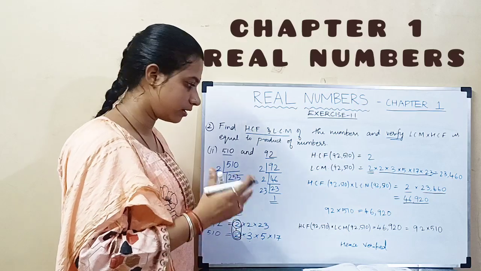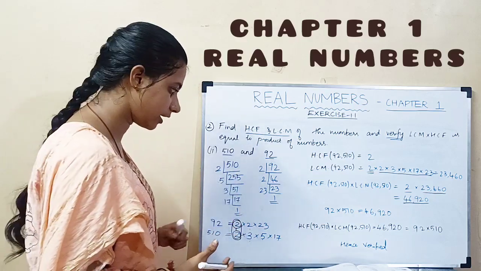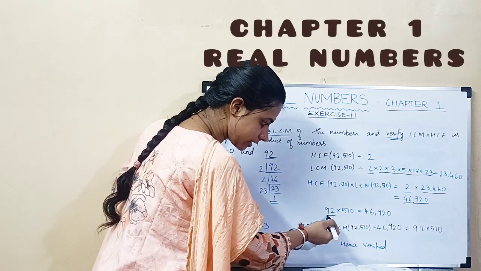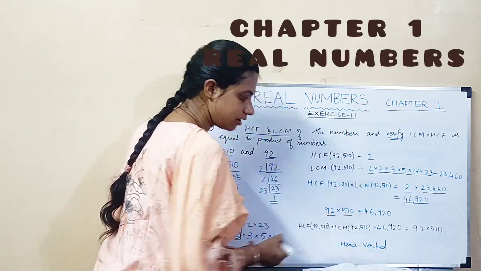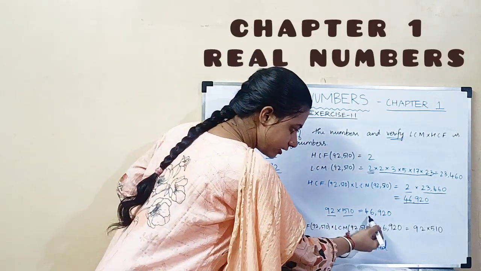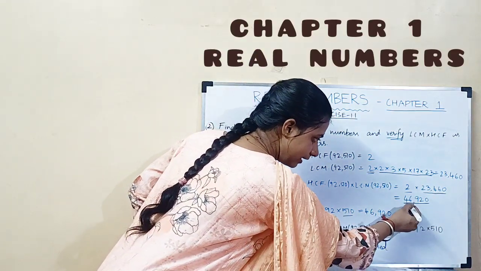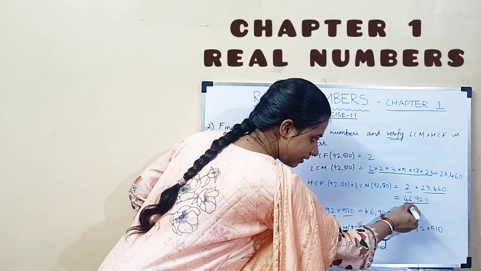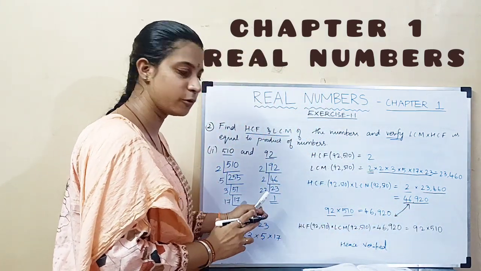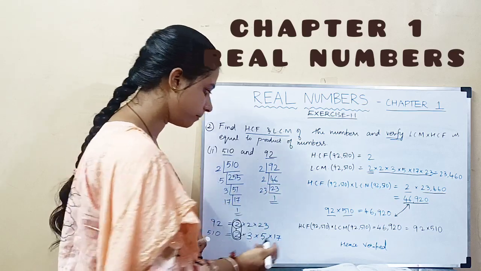Now let us check it for the right hand side of the condition, that is the product of the numbers. The original numbers are 92 and 510. While multiplying we get 46,920, and we can directly see that these two numbers are equal, but still we will put it in the proper condition form.